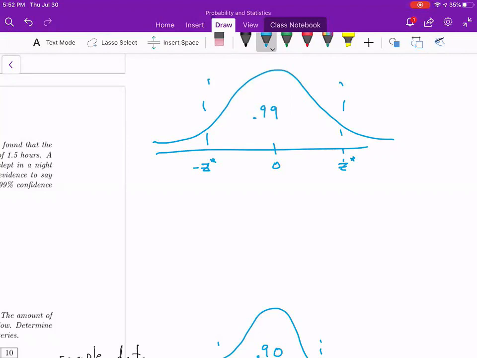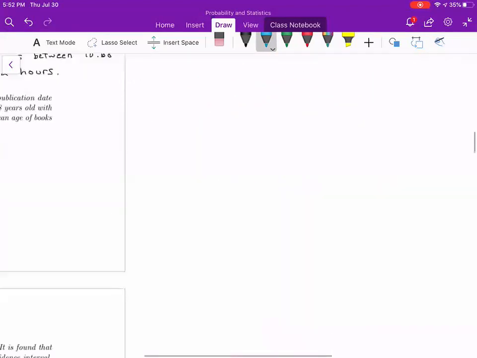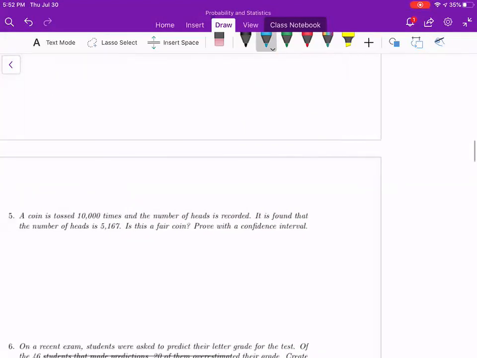With 99% in the middle, 0.01 is not in the middle, and half of that, or 0.005, is in each tail. So you go to the correct table, which again is your Z table.